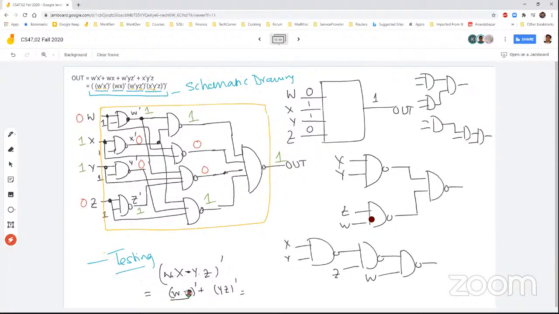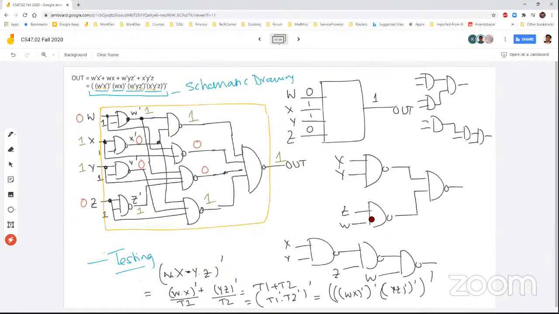So let's say these are two terms, T1, T2. So this is T1 T2, and this becomes T1 bar, T2 bar, whole bar, which is WX bar, whole bar, YZ.